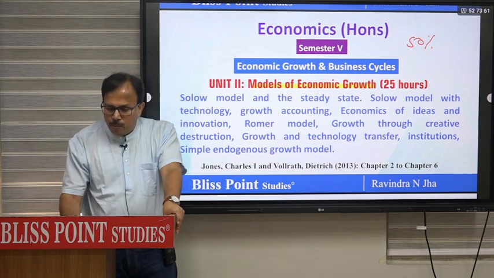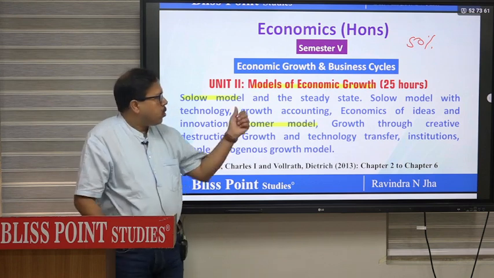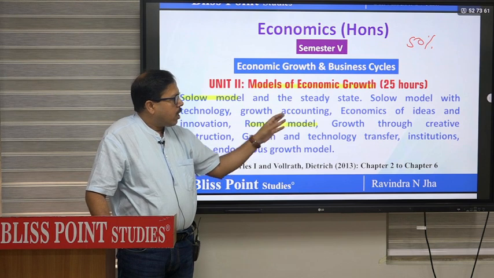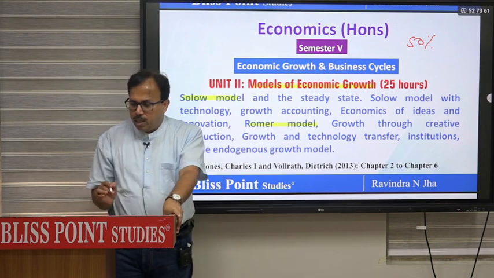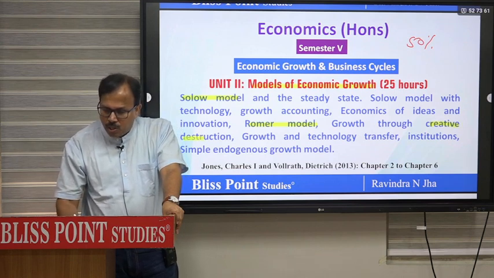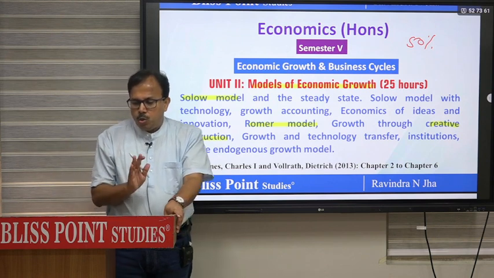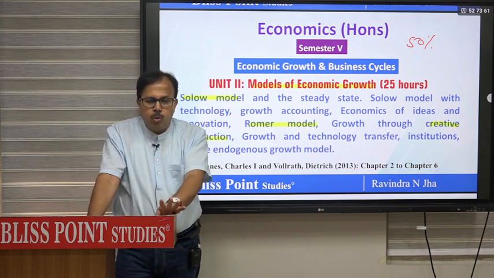So one important part will be the Solow model, another important part will be the Romer model. तो जितने भी पार्ट उसके बाद आप देख रहे हैं वो all are part of the Solow model. Then economics of ideas and the Romer model. So mainly it will be these, and then the third part will be Schumpeter creative destruction, growth through creative destruction. So that will be explained in the Schumpeter model. So I have just highlighted three parts: Solow, Romer and Schumpeter concepts.